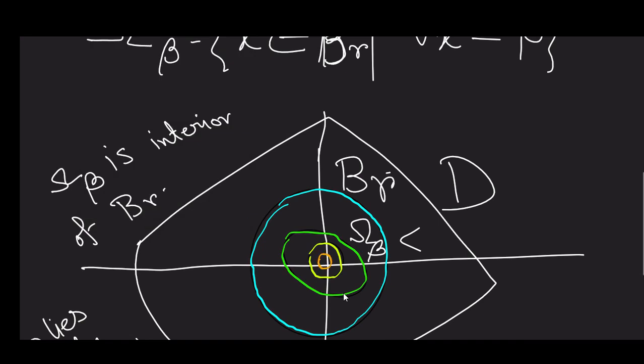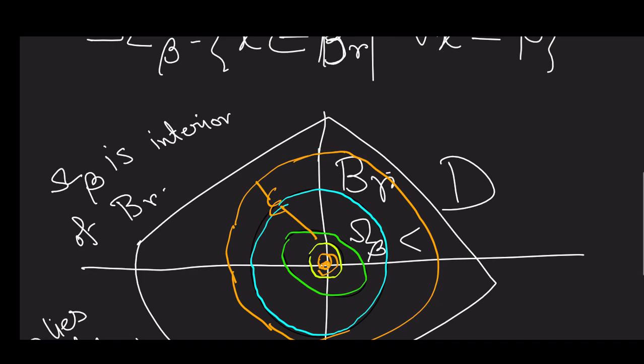The outer value of BR can have epsilon, but there is no inner bound, so this can become very close to the origin.